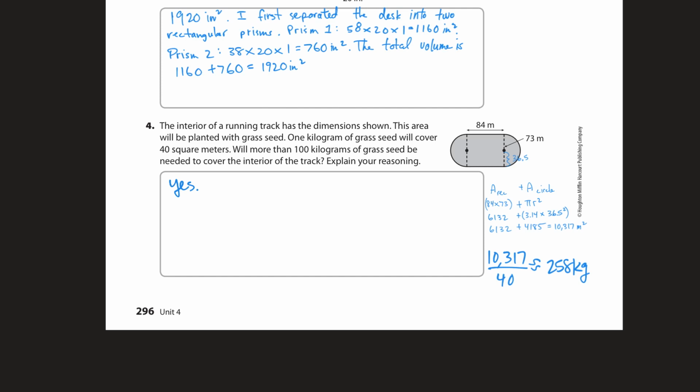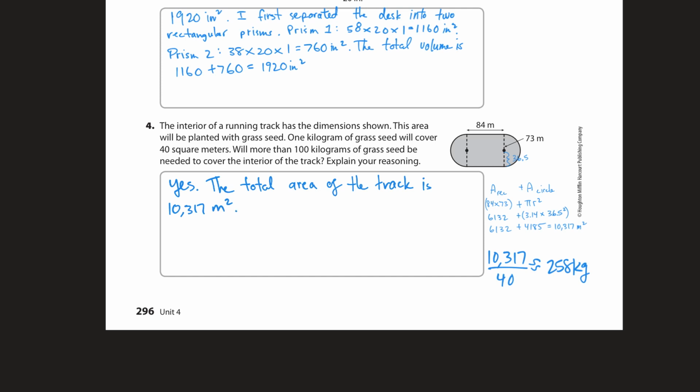The total area of the track is 10,317 square meters.